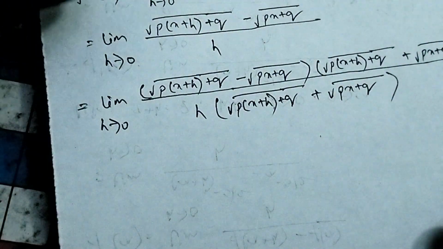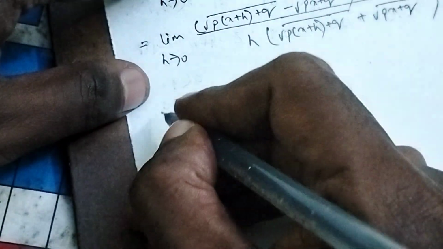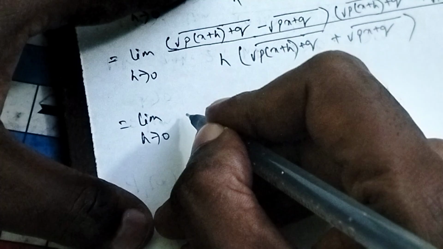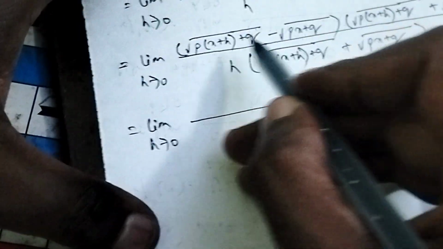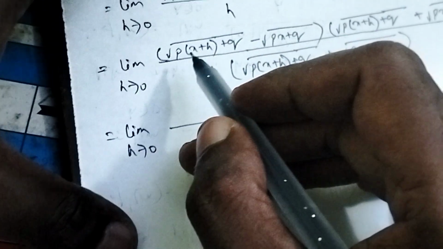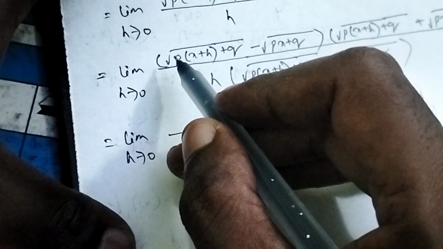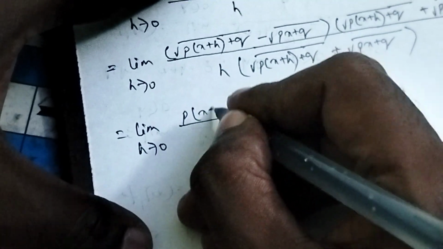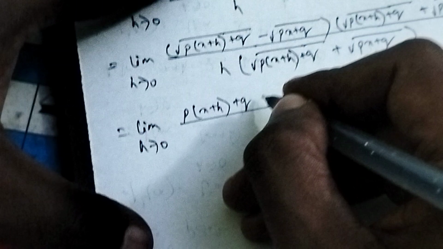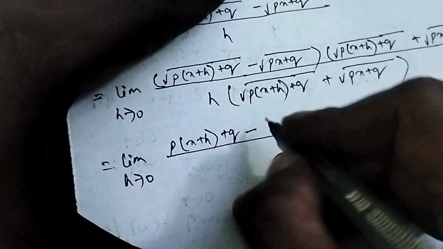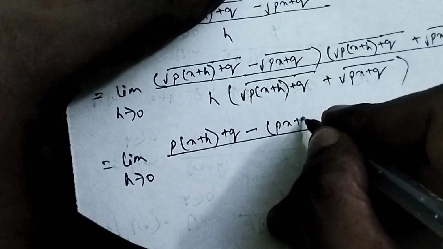Okay, clear? So this will be limit h tends to 0, a minus b into a plus b, that is a squared minus b squared. So under square root, if we square this, it will be p into x plus h plus q minus, if we square this term, it will be px plus q.